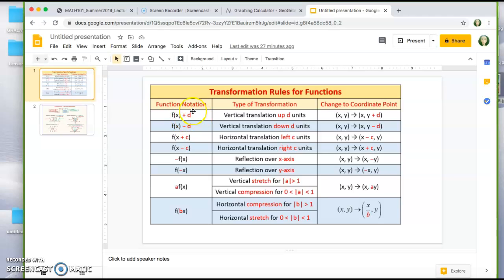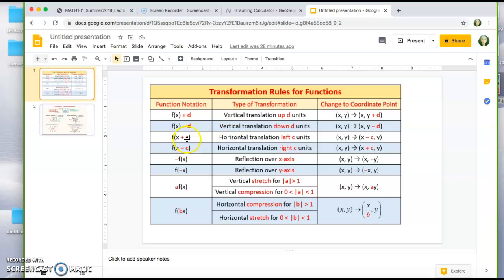So if we have our function f of x and we add a constant on the outside, we have what's called a vertical translation, meaning we're going to go up however many units d is. If we subtract a constant from it on the outside, it's another vertical translation where we're going down d units.